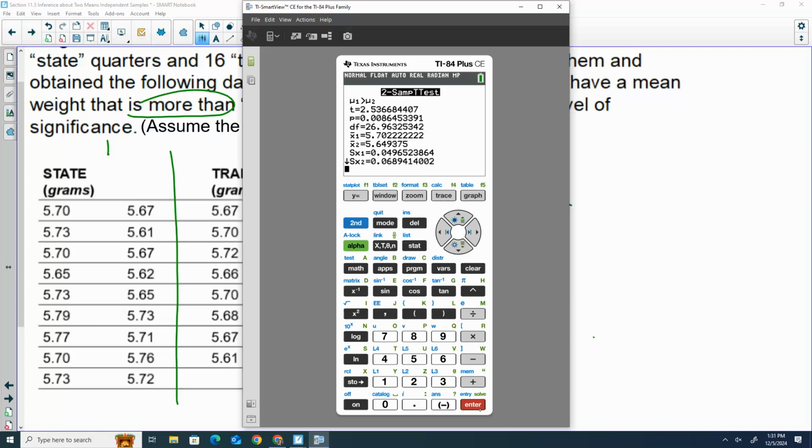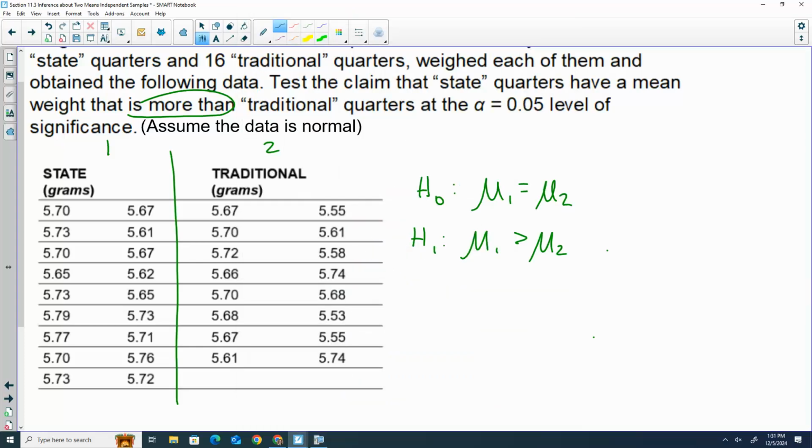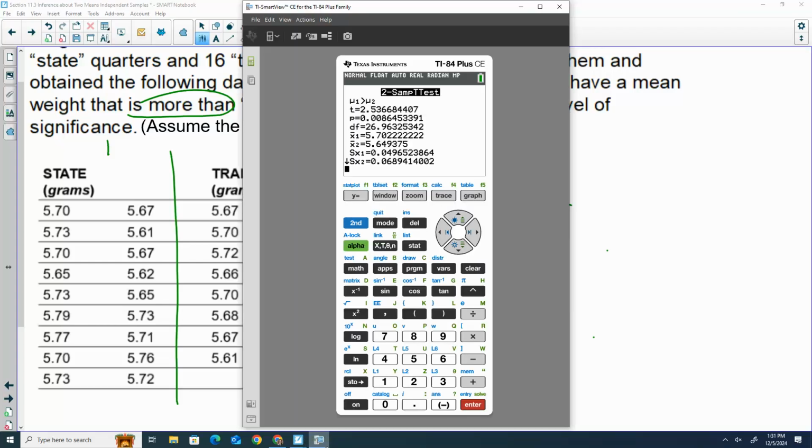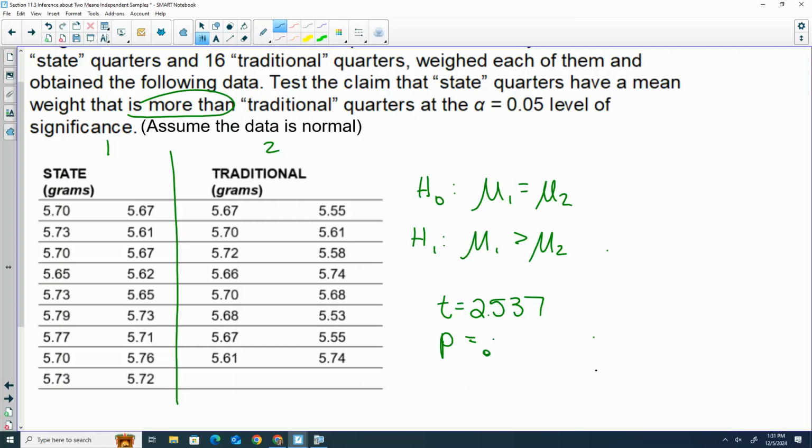So a lot more stuff here, but we're really just flipping through it all. And so we get a t of 2.5. Our probability is 0.0086.